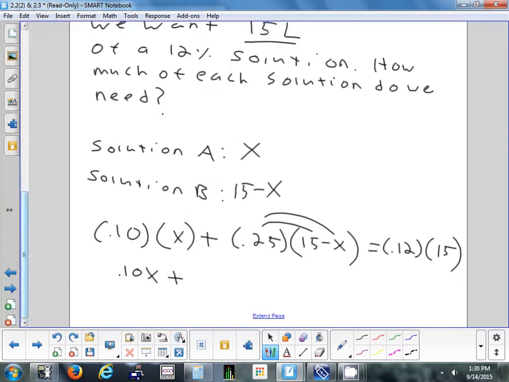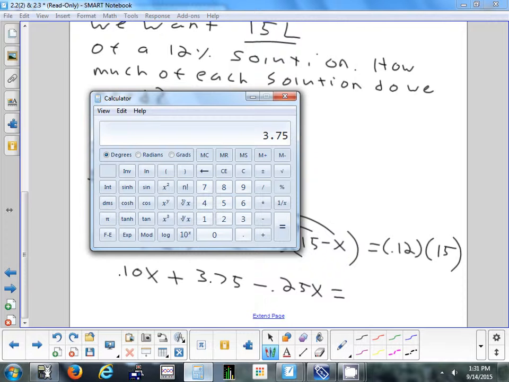So 3.75 minus 0.25x. And then 0.12 times 15. Let me just double check that. 0.12, no, okay, 1.8.